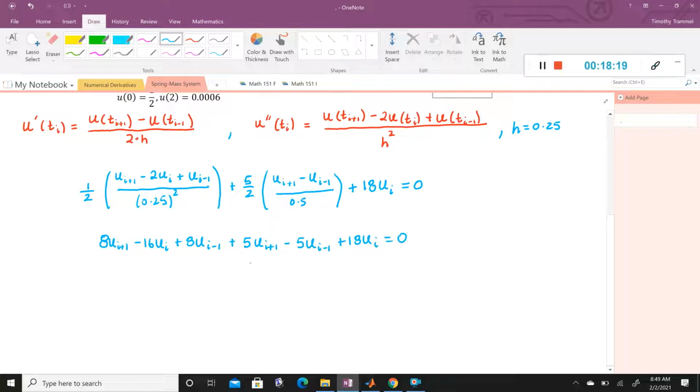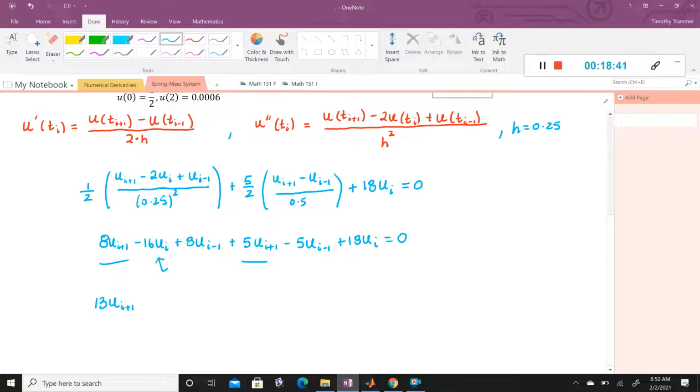And I think we can do a little bit of simplification here. Let's look at u sub I plus 1s first. I see only 2, so it's going to be 13 u sub I plus 1. Good. And then u sub I next.